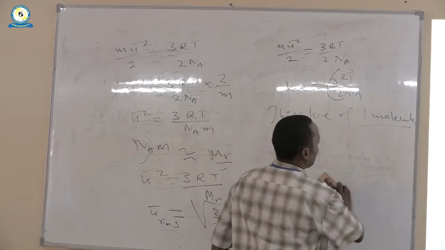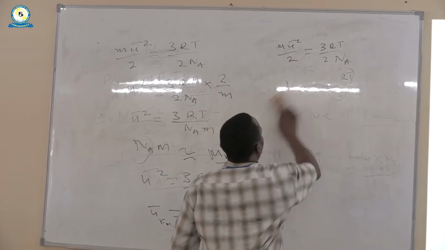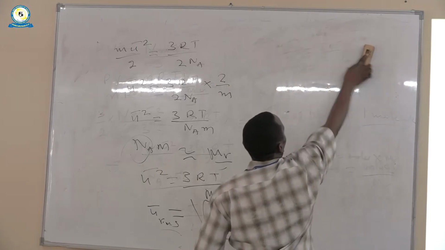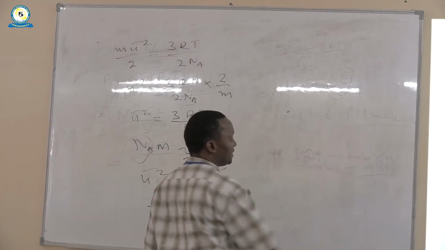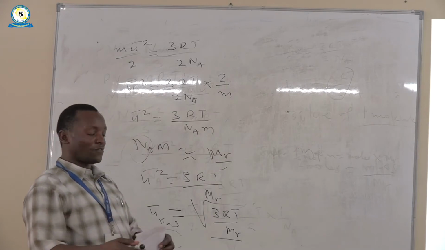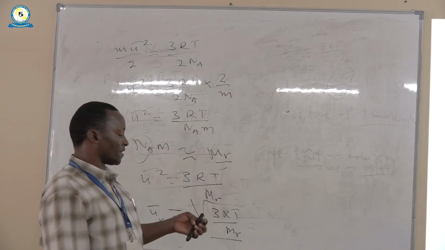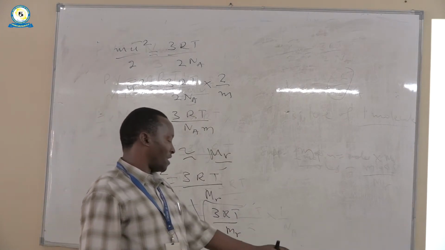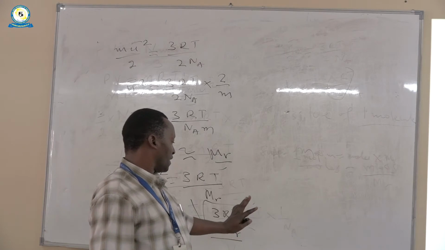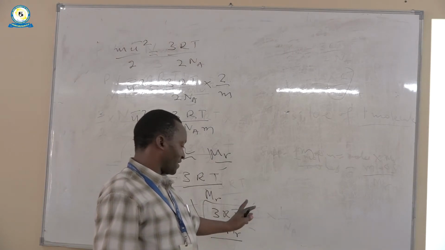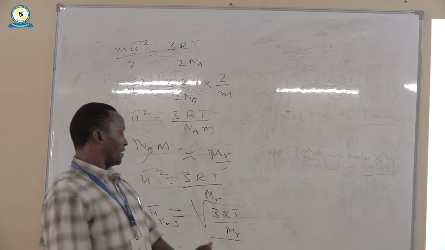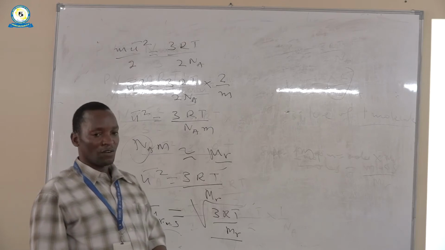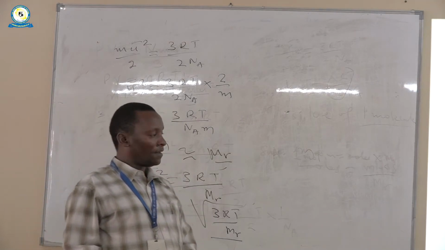For instance, we can find out the relative mean square speed of oxygen at 300 degrees centigrade. We know that the molar mass of oxygen is 32, the temperature is 300, the ideal gas constant is known. Then you can just compute it easily.